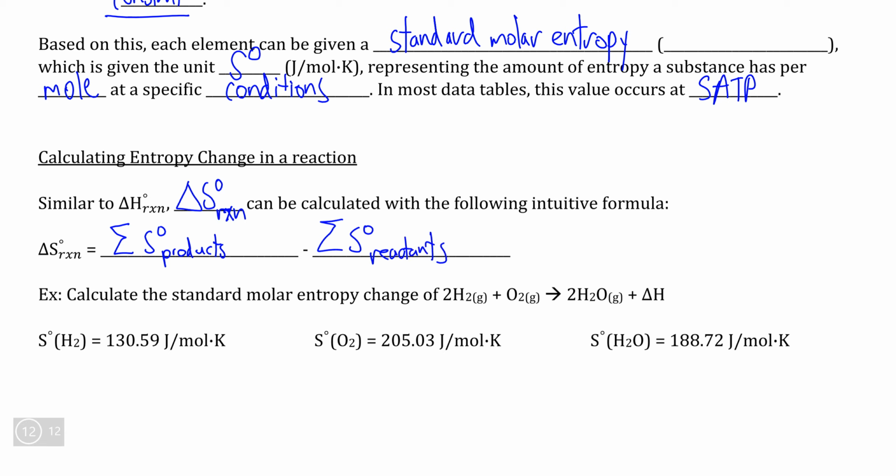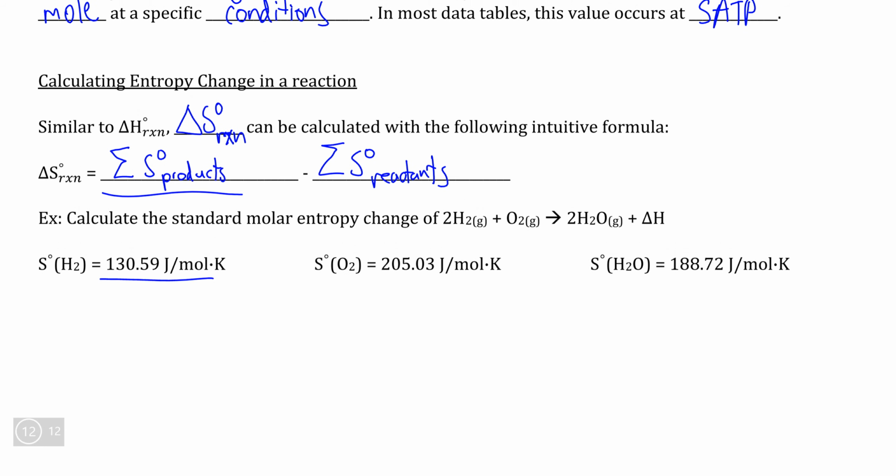Depending on whether the number is positive, meaning that our products have a greater entropy than our reactants, or negative, if the opposite is true, that will tell us whether entropy favors the products or the reactants of our reaction.